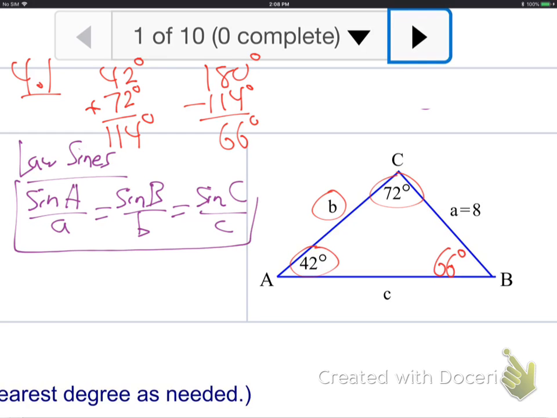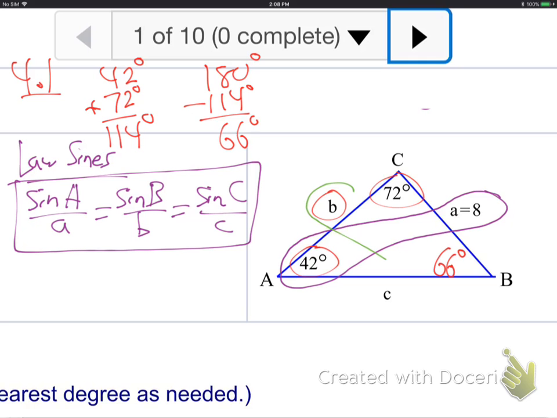So, what am I going to do? Well, that means you pair them up. I know this A right here, and I know the angle across from it. And I want to find B, and I know the angle across from it. So you match up an angle and the side across, an angle and the side across. See what I'm doing there?